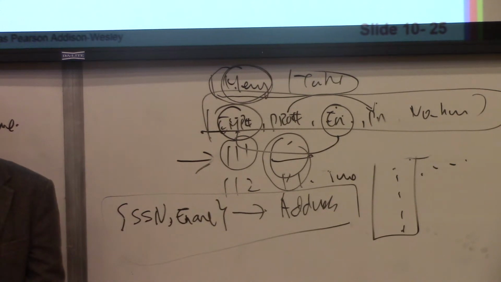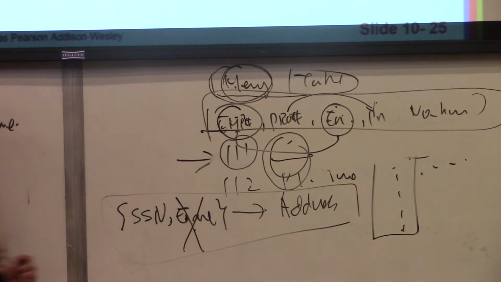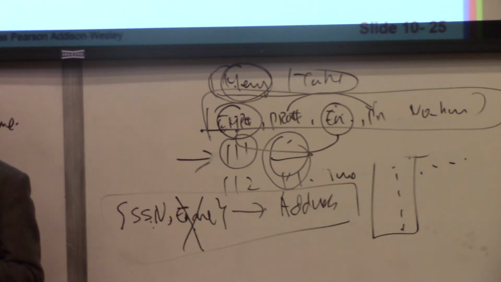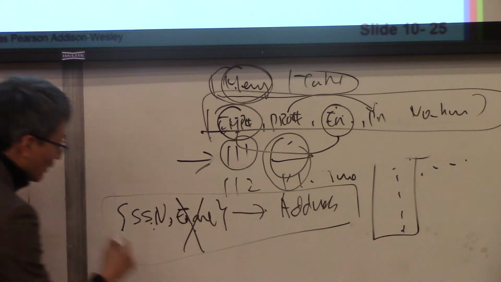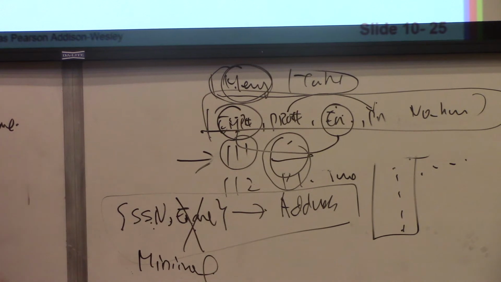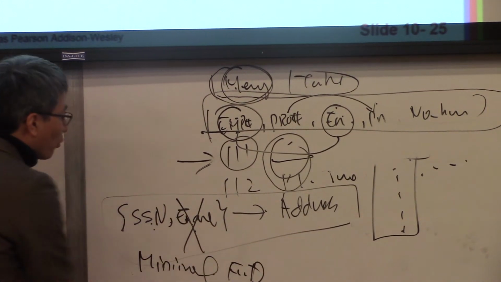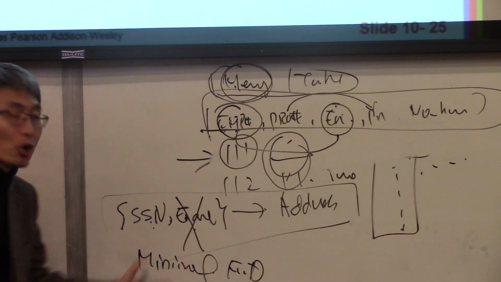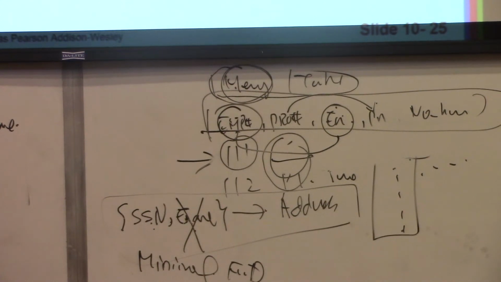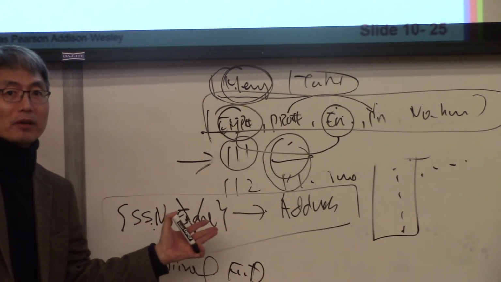It's not a problem. However, we don't need this one because it's already determined by SSN. So our goal is to find minimal functional dependency. Minimal functional dependency means if we can remove one of the attribute, if still the same, okay, then we don't need this. Do you understand what I'm saying?